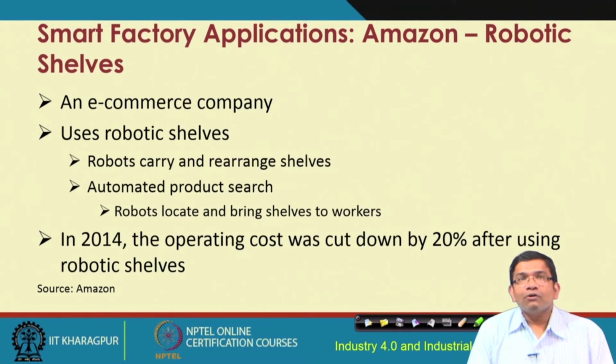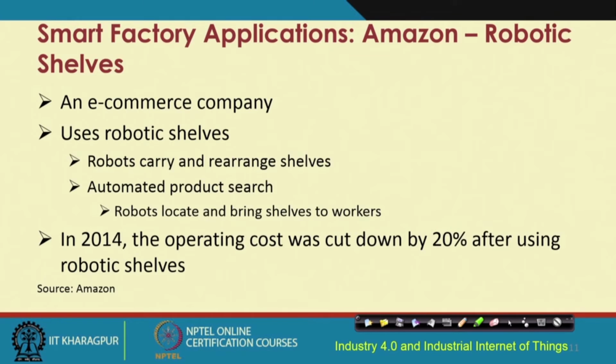The good part is that because it is an autonomous robotic system, the robots can efficiently locate and search different items from their different shelves. So, in 2014 the operating cost was cut down by 20% using these robotic shelves by Amazon.